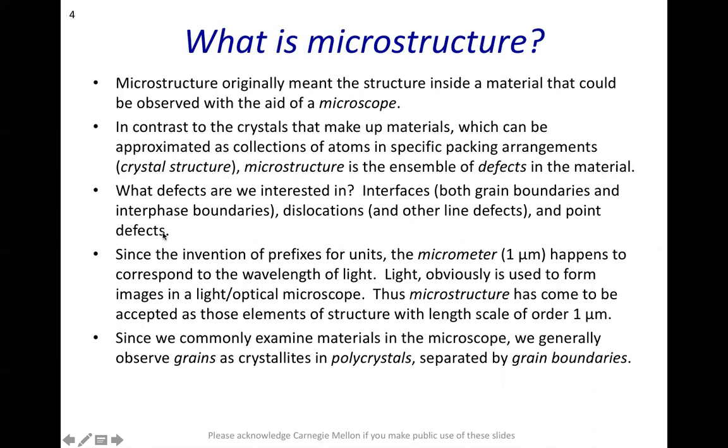Well, does the orientation of grains have to do with these defects that we're interested in? Interfaces, right? So the distribution of grains, of orientations, is directly going to specify our distribution of the interfaces, right?